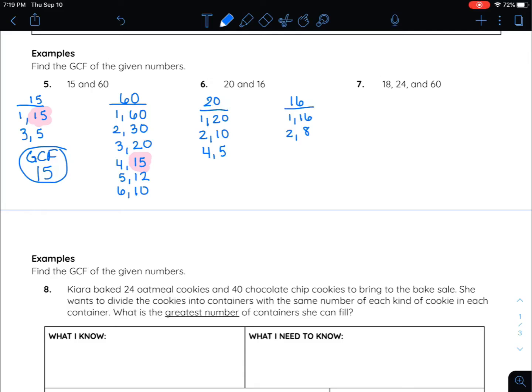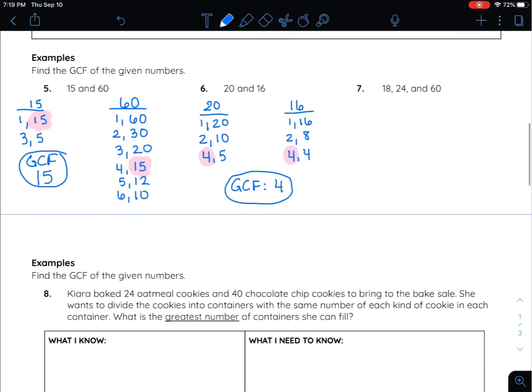If you need a multiplication chart, that would be really helpful for this. 3 doesn't work, and then we get 4 times 4. So that was it. Let's see, anything in common here? They both have a 1, they both have a 2, they both have a 4, and then nothing else matches. So the biggest match is just 4. So we say GCF is 4.